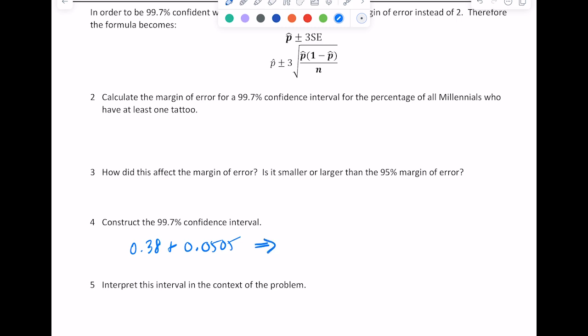If we do 0.38 minus 0.0505, we get 0.3295, and then 0.38 plus 0.0505 gives us 0.4305.